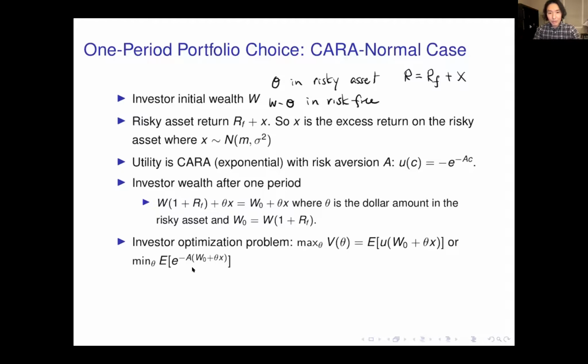RF is the risk-free rate and X is the random variable. If you rearrange it, X is the excess return on the risky asset. And we assume X follows a normal distribution with mean M and standard deviation sigma.